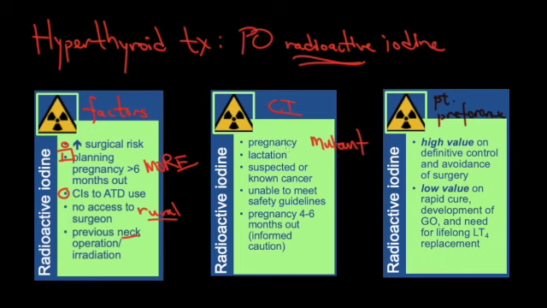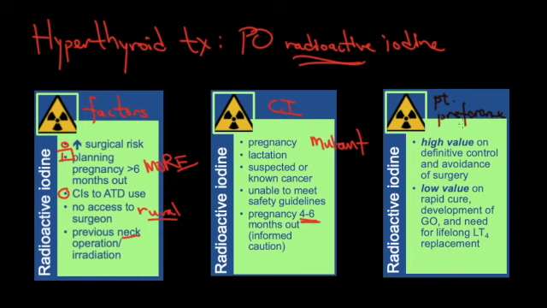So that's kind of why that's going on. Also, if patients have cancer, we don't want to worsen that or mess with that. And if patients are unable to meet the safety guidelines, and like we talked about, contraindication if pregnancy is more towards the forefront.